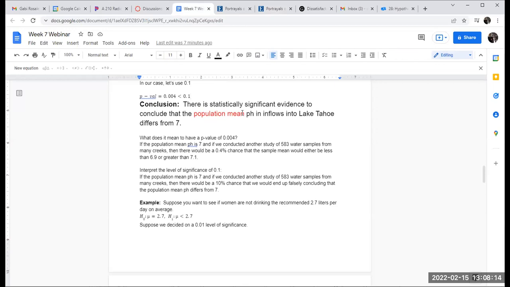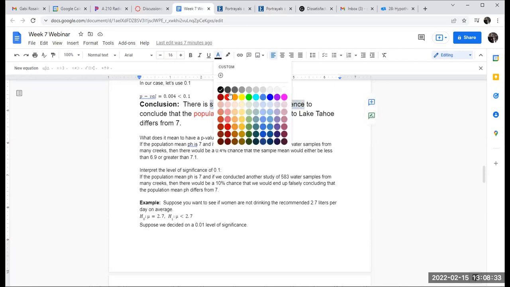Okay, so let's suppose, again, when I did it, it was 0.004. You know, that was reality. And we want to talk about the conclusion, and that is there is statistically significant evidence. I'm going to put that in red also.